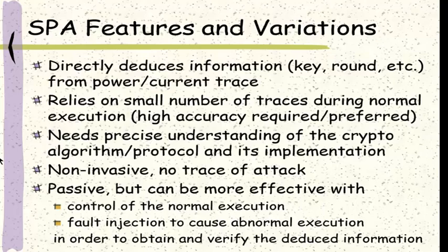A more effective way is to use fault injection methods so the system will run in an abnormal mode and the power or current traces may leak more valuable information. Because of the simplicity of simple power analysis, there are many countermeasures that can effectively prevent simple power analysis attacks with little or no cost.